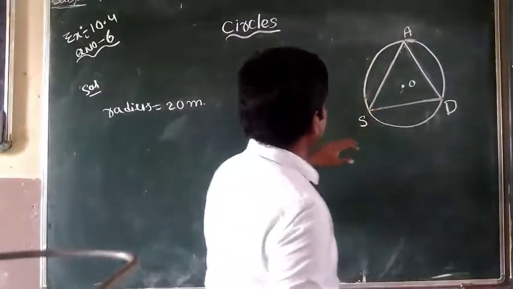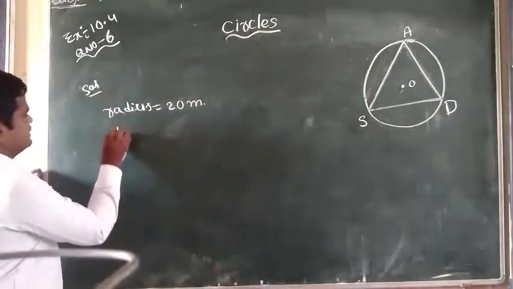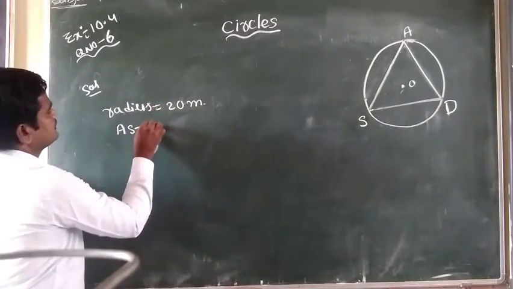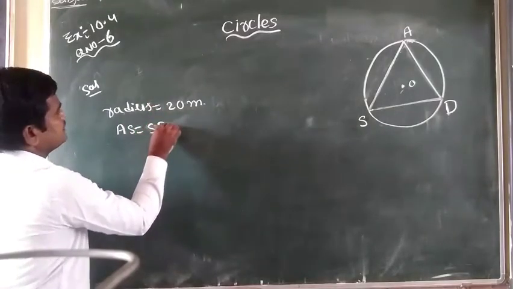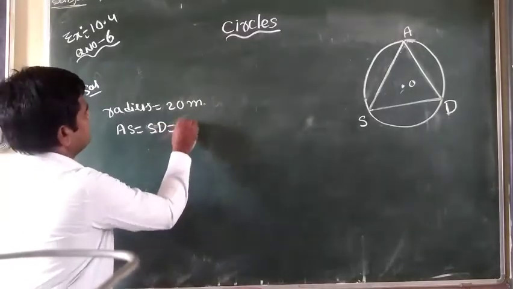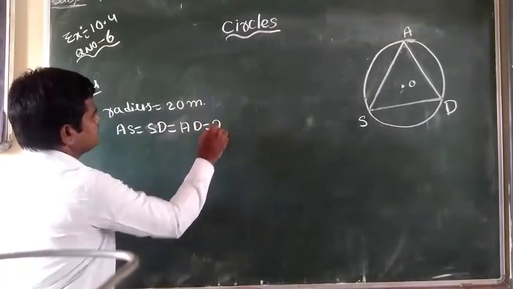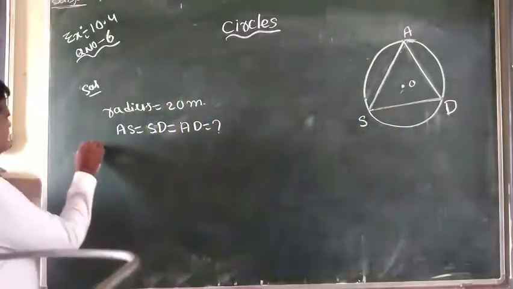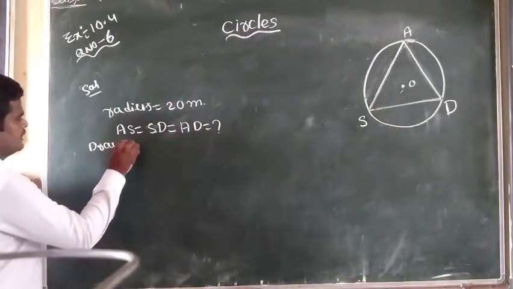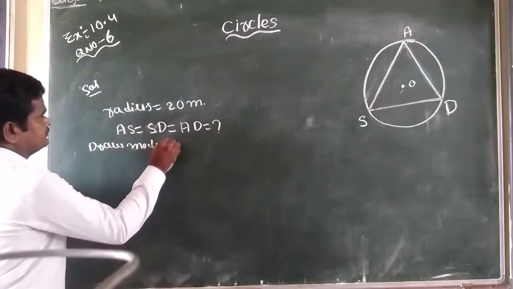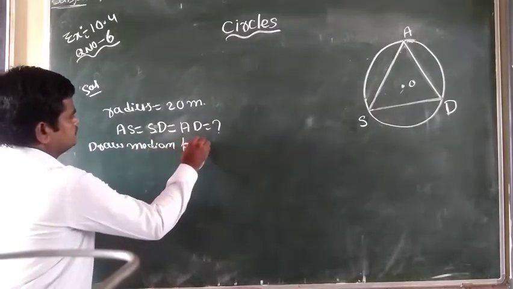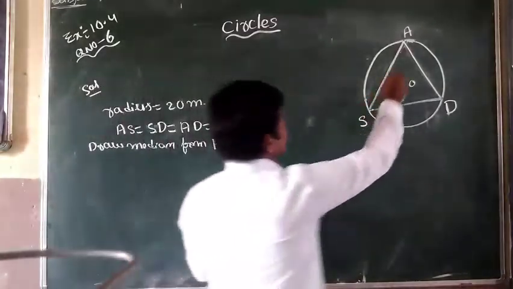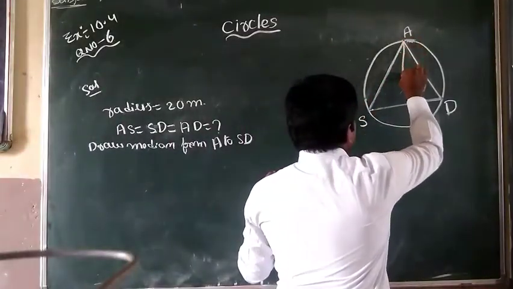We need to find AS, SD and AD, the length of each string. Now draw a median from A to SD.